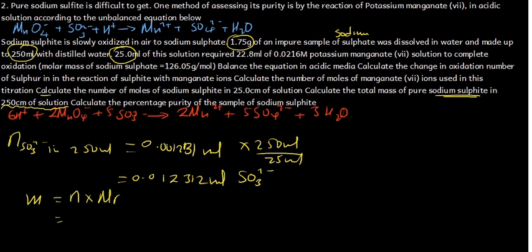I think they already gave us the molar mass at that point. And so the number of moles is 0.012312, and then times the molar mass, which is already there, 126.05.